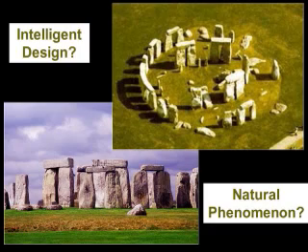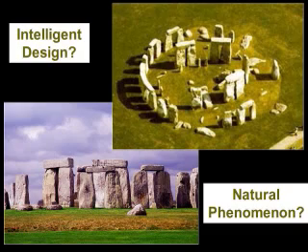Those rocks weigh tons. And there's some of them standing up with cross pieces. Do you think a hurricane blew through there and set that up like that? Or do you think there's any other natural phenomenon that could produce something like this? And by the way, the studies on this have indicated that they may be in a shape like that because when the sun hits those at certain times of the day, it appears that maybe there's some religious significance to this phenomenon.